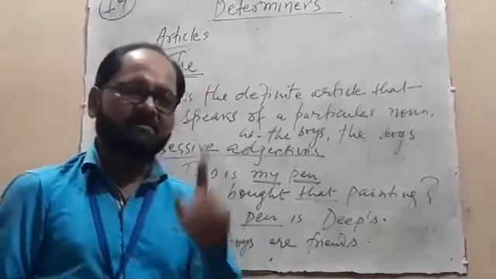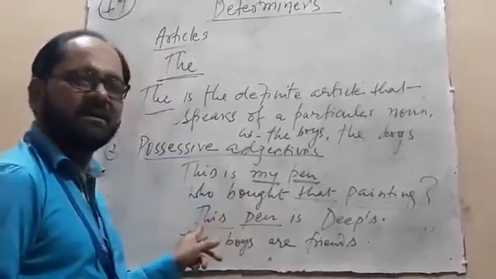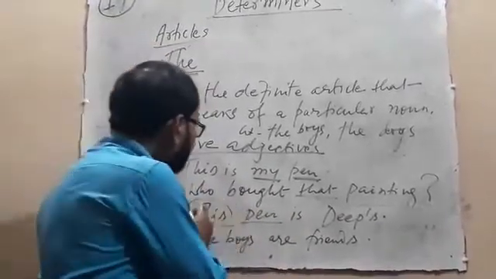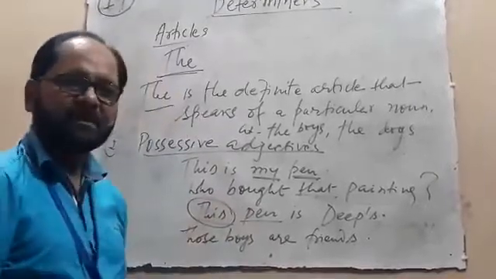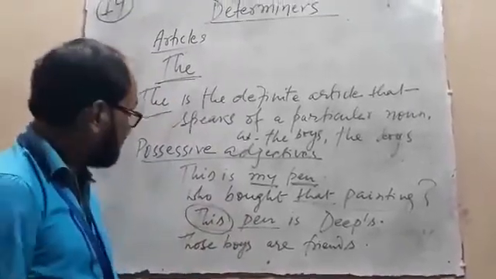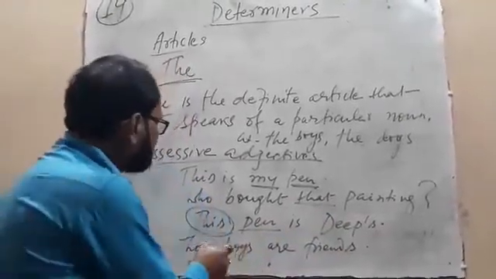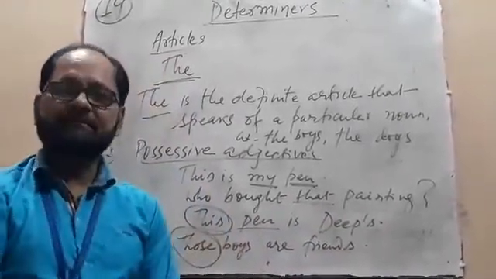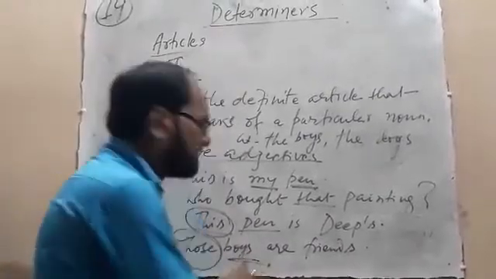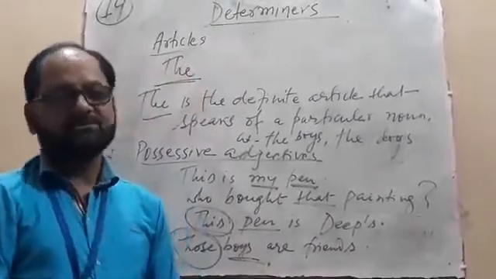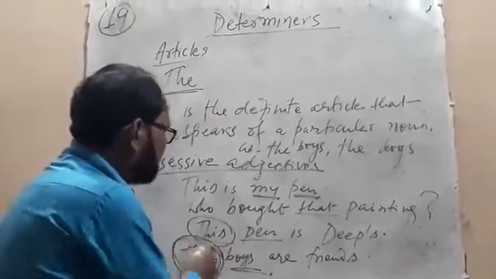Pen is a noun. So, this is a determiner. And look at another example. Those boys are friends. Here, those is followed by boys, a noun. So, here, those is a determiner.